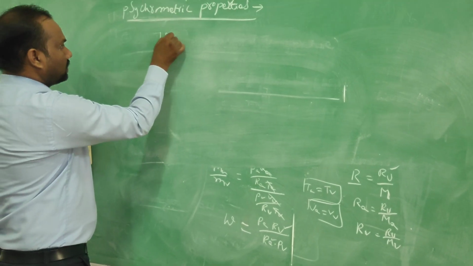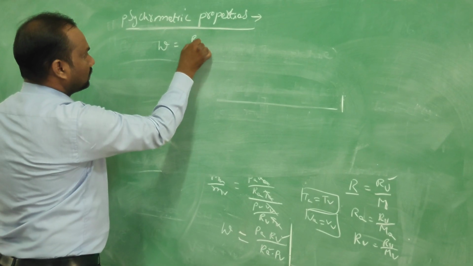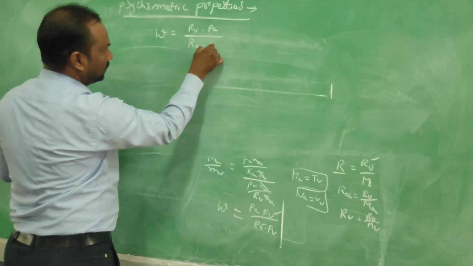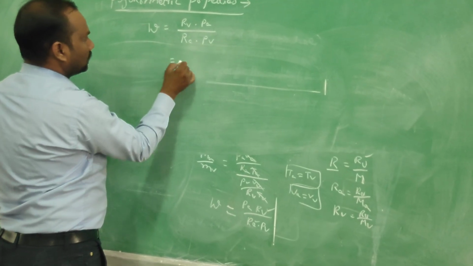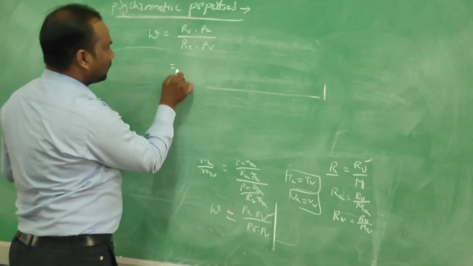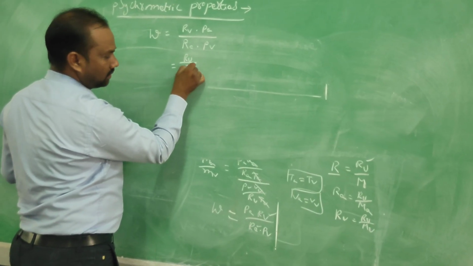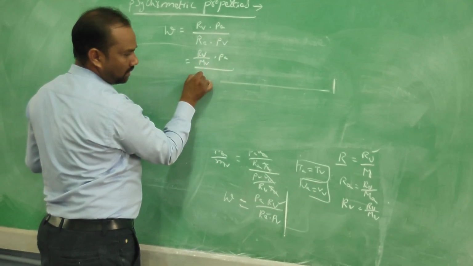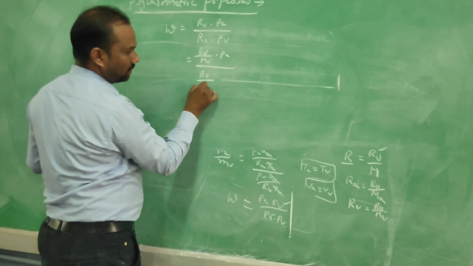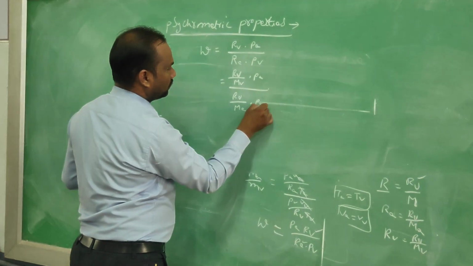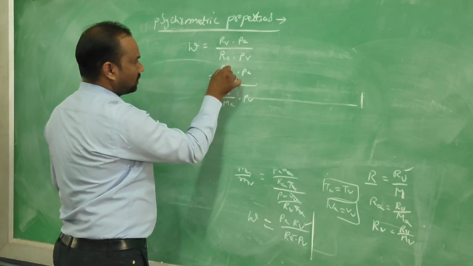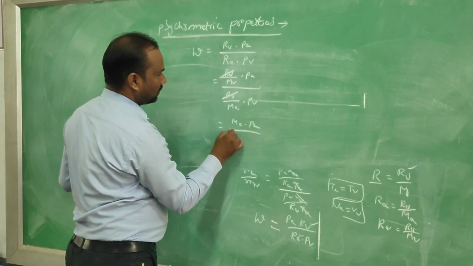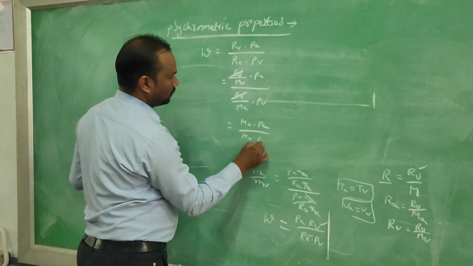So omega is given as RA into PV divided by RV into PA. Instead of writing RA, I will write RU by MA, and RV is RU by MV. The universal gas constant gets cancelled, so it is MV into PV by MA into PA.